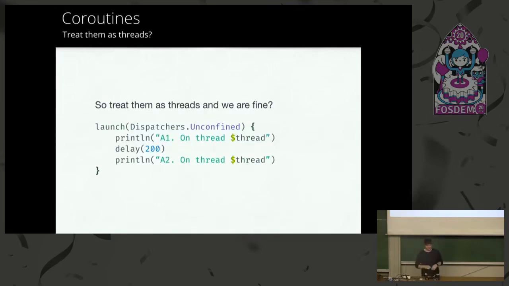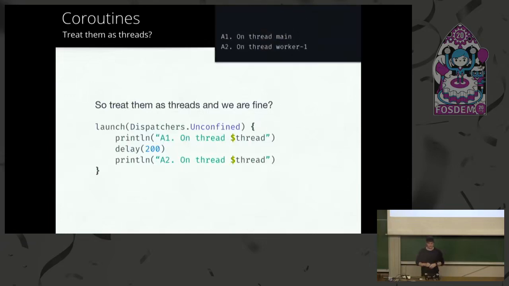So the first statement, print A1, is going to be on the main thread. And then we do a delay, which has a different dispatcher. And when it comes back, the unconfined coroutine says, okay, you're on a new thread, new context, I'll tag along with you. It doesn't preserve your context. So A2 is going to be running on a different thread, or possibly, often.